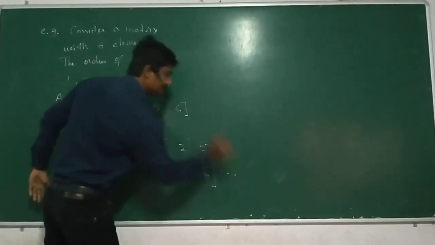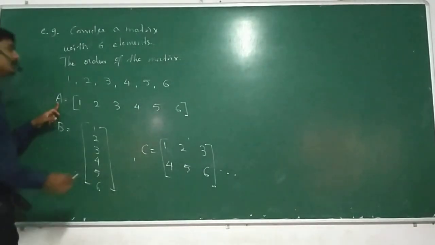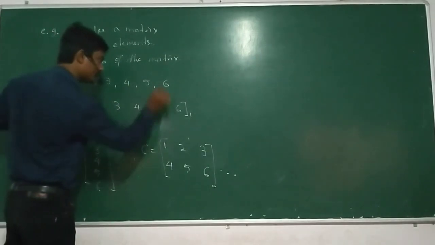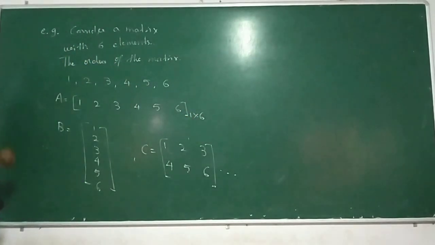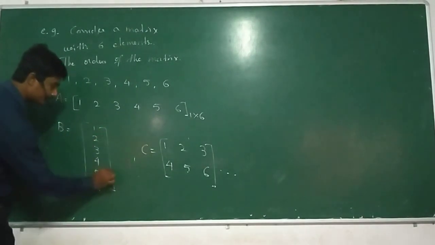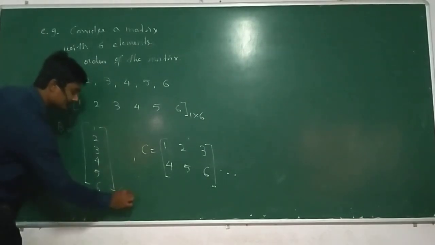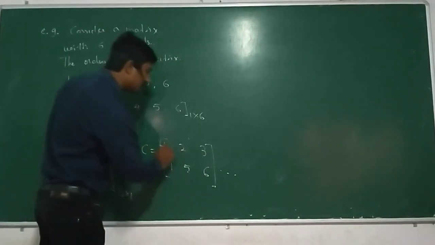So, what will be the order of the matrix A now? Totally, there is 1 row and 6 columns. So, this is 1 by 6. What about this? There are totally 6 rows and 1 column. So, order will become what? 6 by 1.